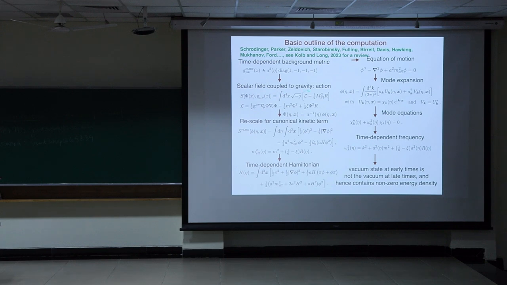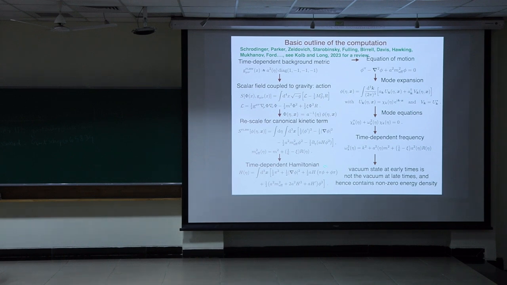Now the kinetic term is not canonical because of the presence of this minus root g d4x. So to make it canonical, you make this transformation with the scale factor. Now this rescaled kinetic term is canonical, but you end up with a time-dependent mass for this scalar field. So that is the key quantity.